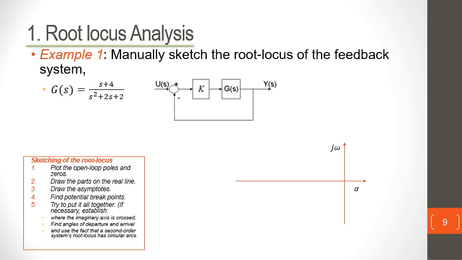So let's tackle now the first step. Step number 1: we look at the poles and the zeros. For the zeros, we can say s plus 4 is equal to 0, which implies that s is equal to, that is our first zero, minus 4.